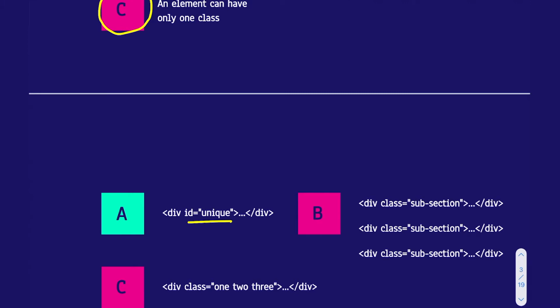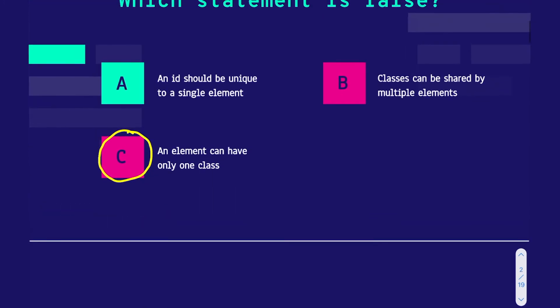If there were two divs with ID unique, that would be the same thing as if you had two friends who had the same phone number, right? So if you're trying to call Bob, and you call him up, but your friend George has the same phone number, and you accidentally get George, how would you know that you're trying to call Bob and not George, right?